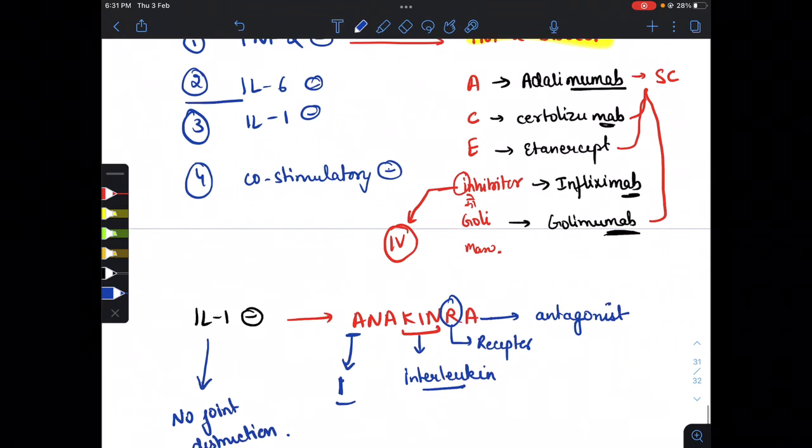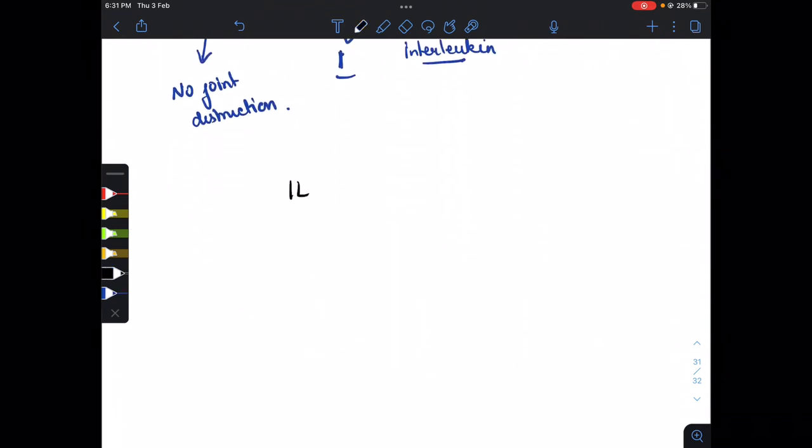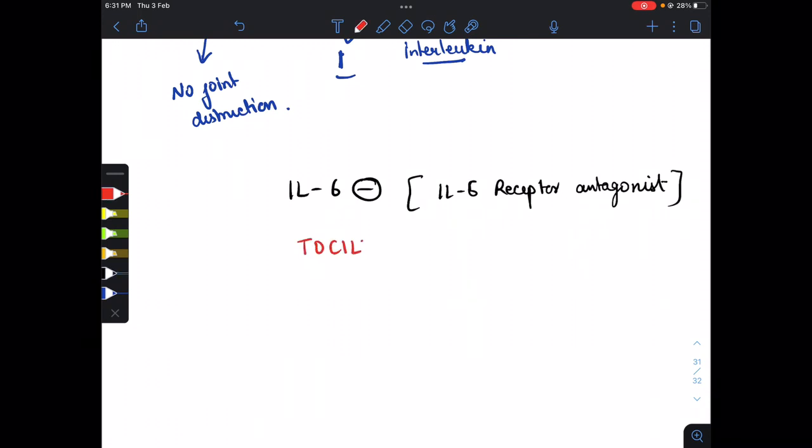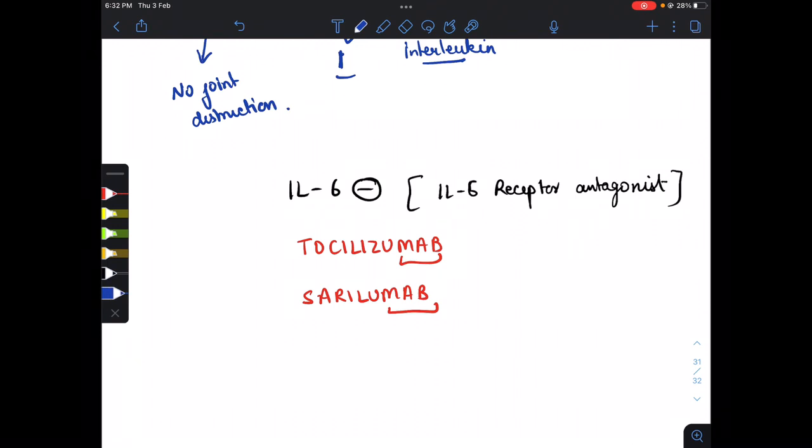Now the next one, that is the interleukin 6 inhibitor, or in other words the interleukin 6 receptor antagonist. In this we have the drugs tocilizumab and sarilumab. Here MAB stands for monoclonal antibodies.